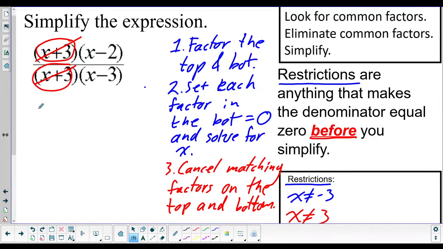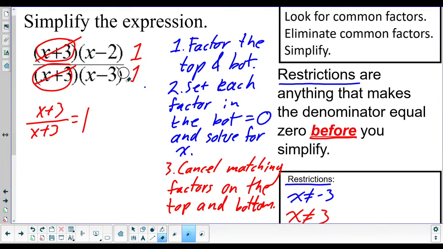What's actually happening is x plus 3 divided by x plus 3. Anything divided by itself equals 1. So we say it cancels out, but really it just simplifies to times 1 on the top and bottom. And multiplying by 1 doesn't do anything, so we don't write it.